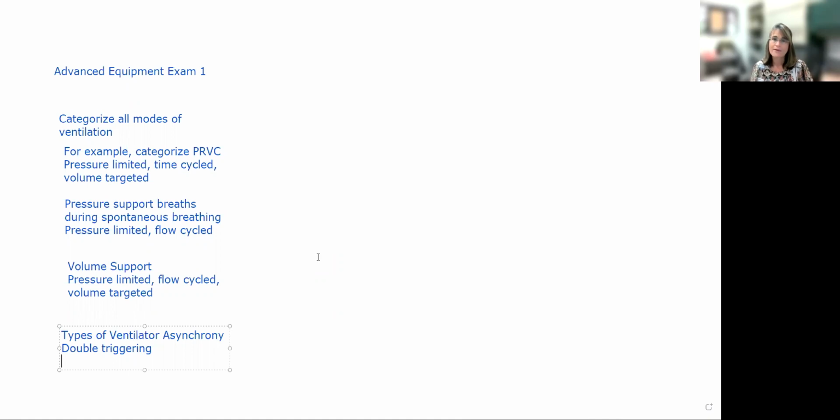But in PRVC, you have a targeted tidal volume. And if the volume goes in and the patient still wants more, they're still going to double trigger, even if you're increasing their inspiratory time. So increased inspiratory time helps with pressure control.